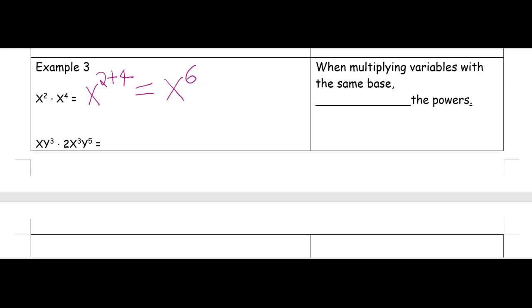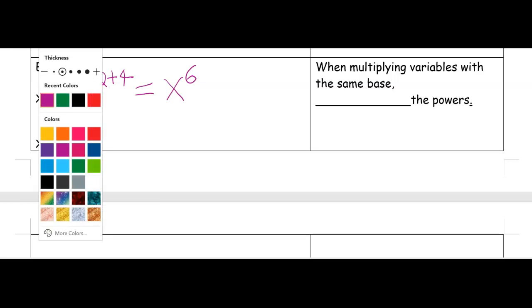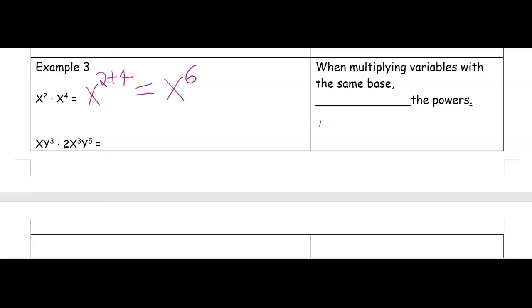To help you remember why we do addition instead of multiplication on the power part, for example, everybody knows this: x times x equals x squared. How do you get x squared?